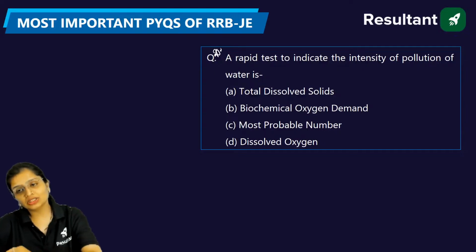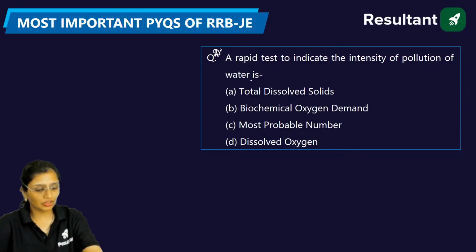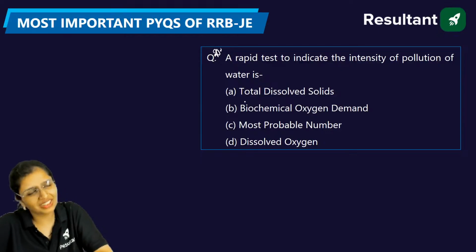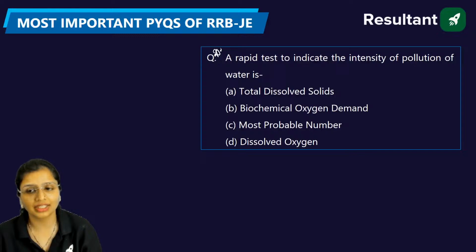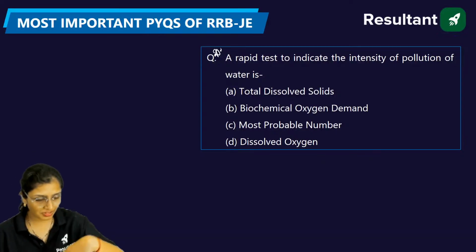Now, question number 20. A rapid test to indicate the intensity of pollution of river water, or generally the water. What is the test which you do, which is very rapid and quickly you will get how much pollution is there?